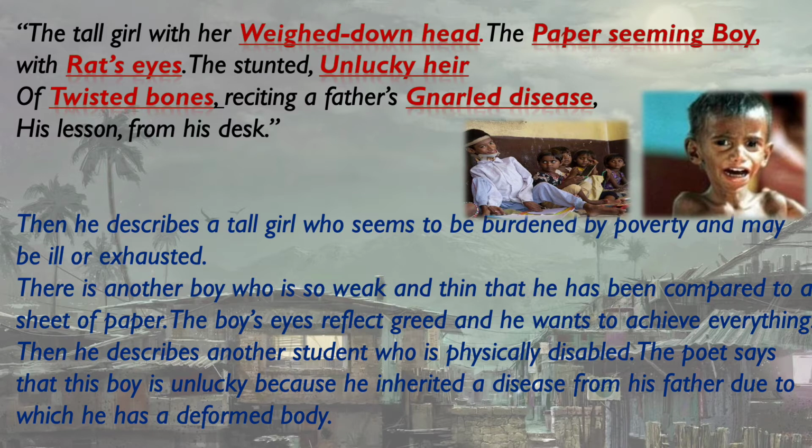The boy's eyes reflect greed and he wants to achieve everything. Then he describes another student who is physically disabled. As you can see on your screen, children, the poet says that this boy is unlucky because he inherited a disease from his father due to which he has a deformed body.